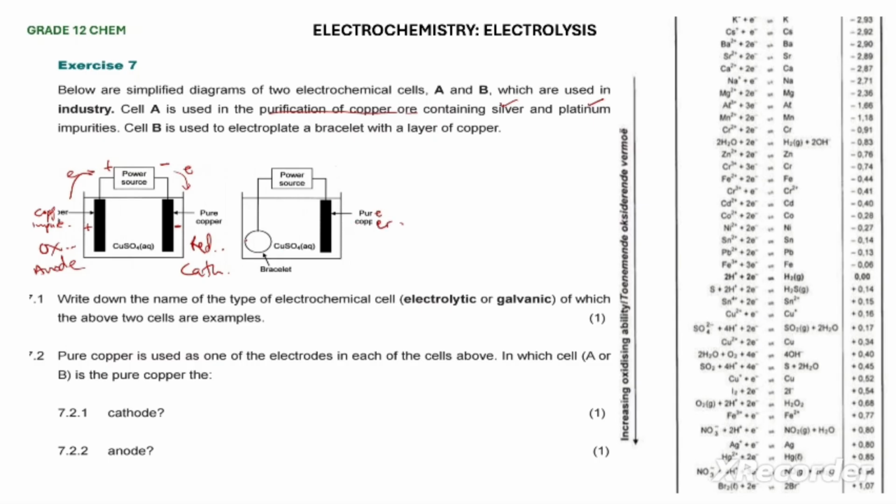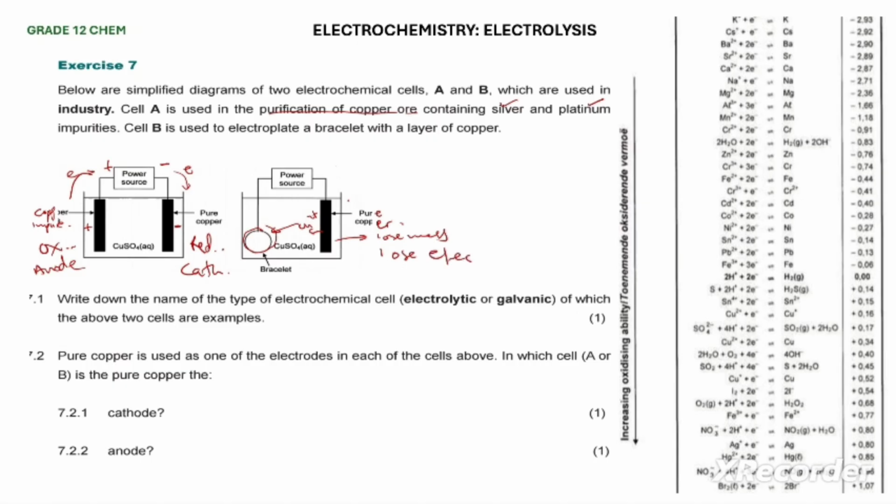Now, we use this to electroplate a bracelet. So we want a bit of this to be lost. We want to lose mass here so that whatever we are losing, those Cu2+ ions, can go and coat this side. If we lose mass, we're losing electrons.